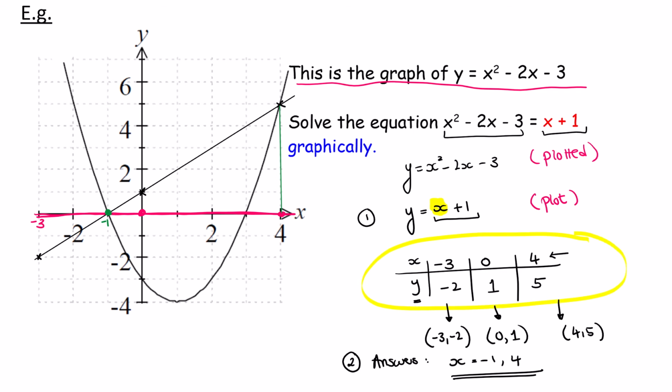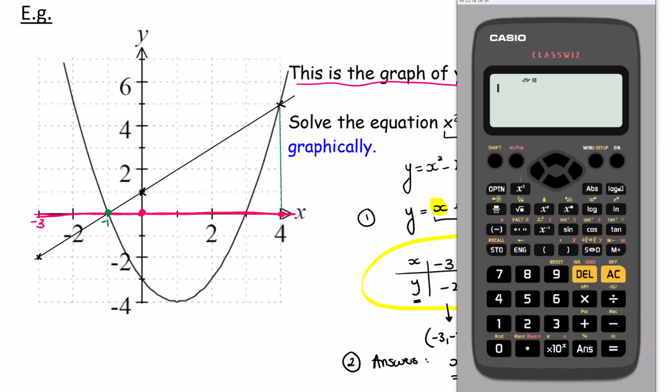Now, you could have done this, or you could have used your calculator to find your coordinate table. So I've got my calculator here. You need to go to menu setup, and you need to use your arrows until you find the table mode, which is 3. So I'm going to either click equal to choose 3 or type 3. F brackets x, f of x just means y equals.